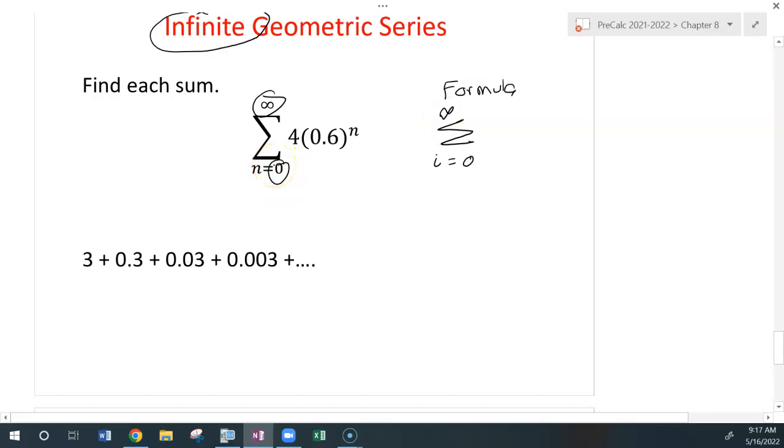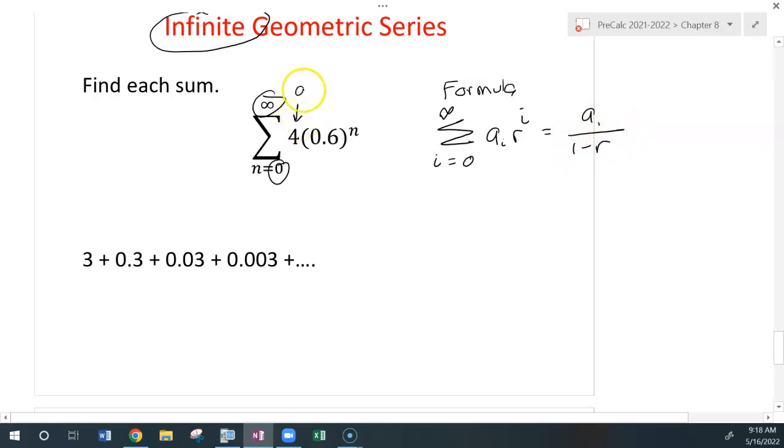That's a little bit different. And we're going to do a sub 1 times r to the i. Notice again, because we're starting at 0, I'm not going to do i minus 1. I'm just going to do i. And that's going to equal, check this out, a sub 1 over 1 minus r. That's all you got to do.